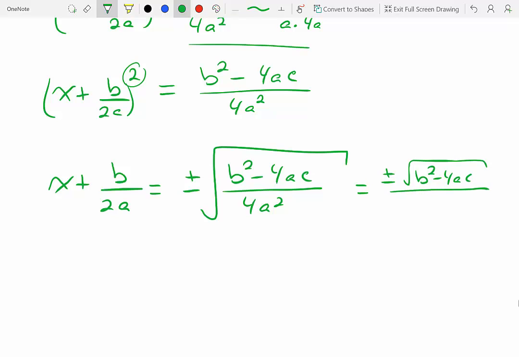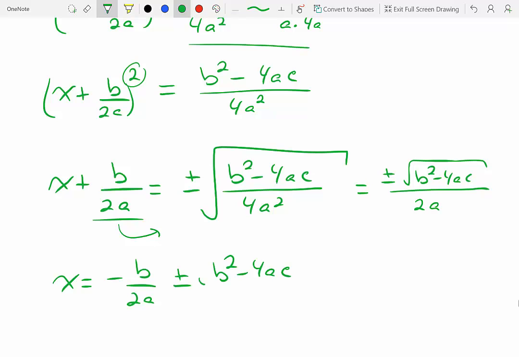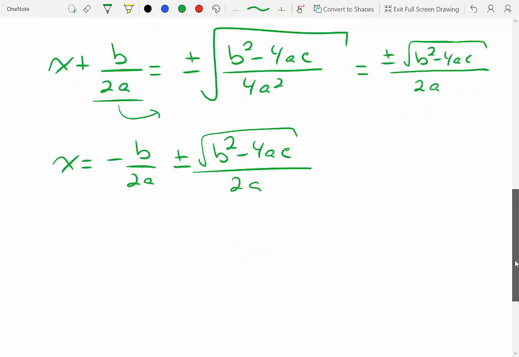The square root of 4a squared is 2 times a. And then I'll take the b over 2a and move it over to the other side. So that'll give me x is equal to negative b divided by 2a plus or minus the square root of b squared minus 4ac, all divided by 2a, and conveniently those have the same denominator.